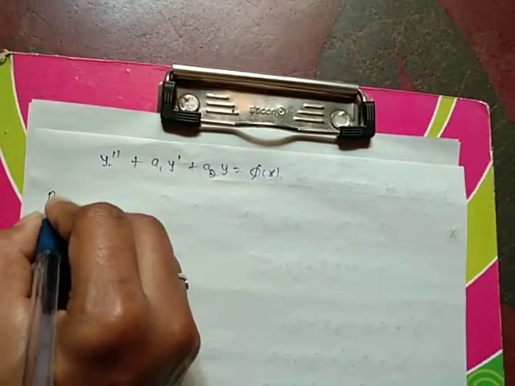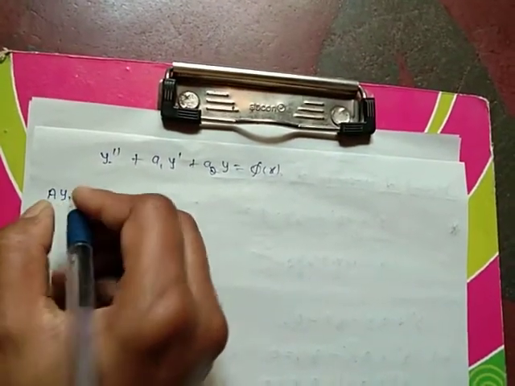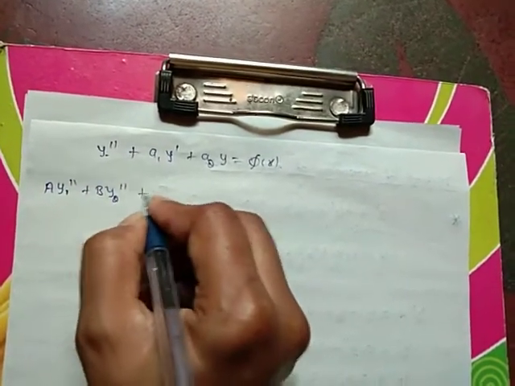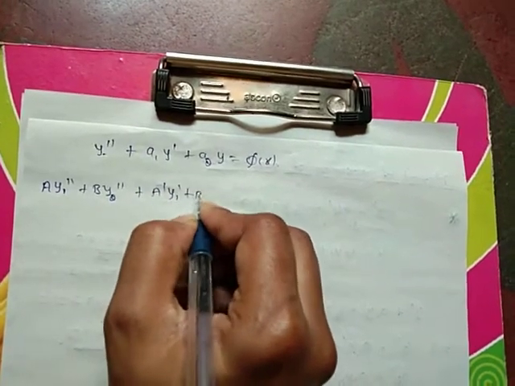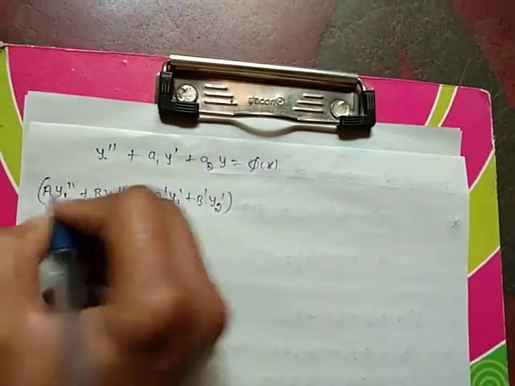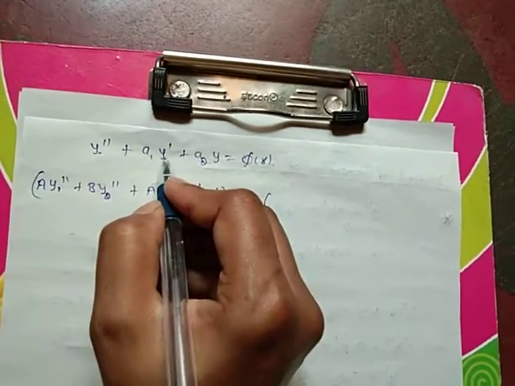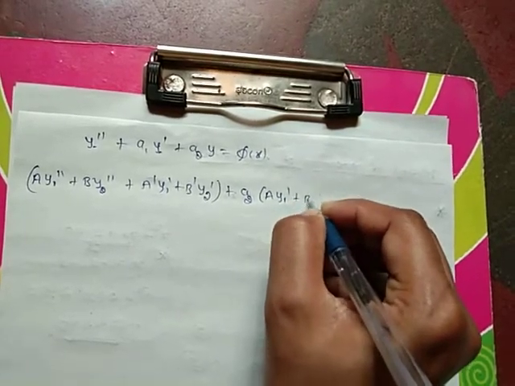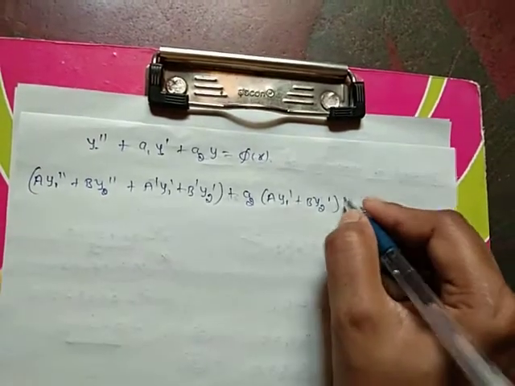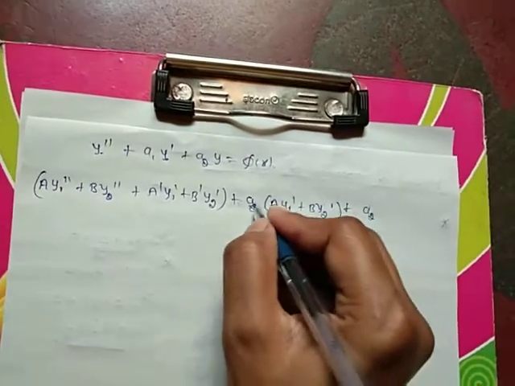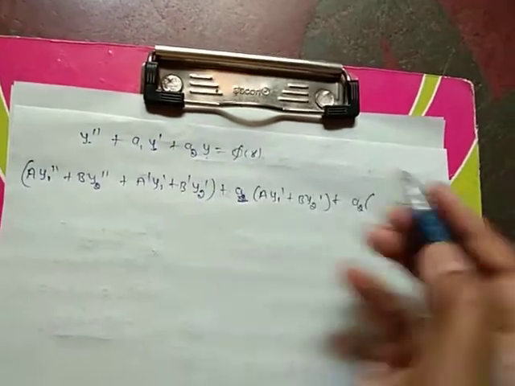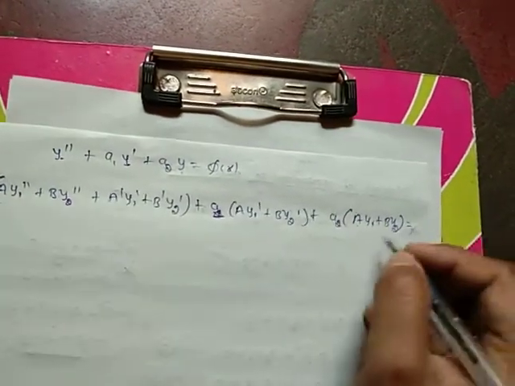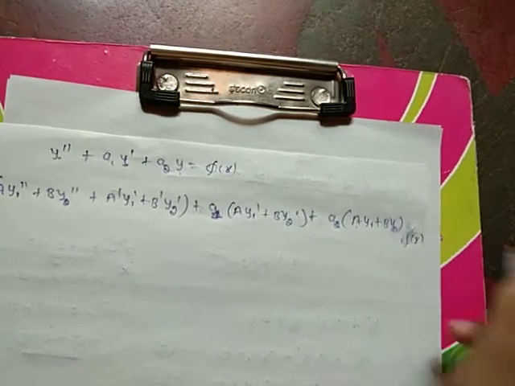y double dash is a into y1 double dash, b into y2 double dash, a dash y1 dash, b dash y2 dash, plus a1 into y dash, where y dash equals a into y1 dash, b into y2 dash, plus a2 into y, where y equals a y1 plus b y2, equal to xi of x.